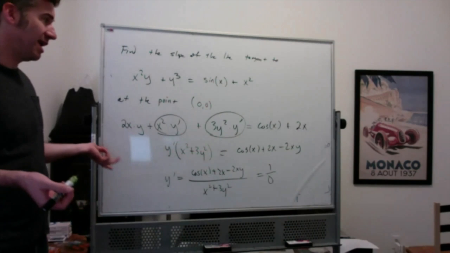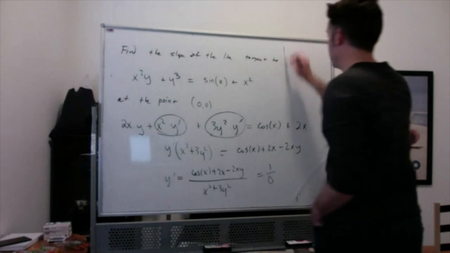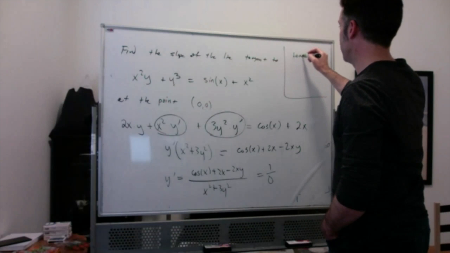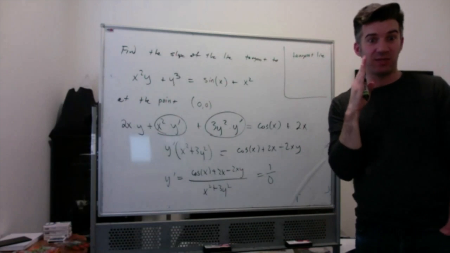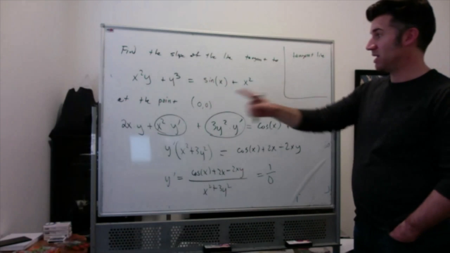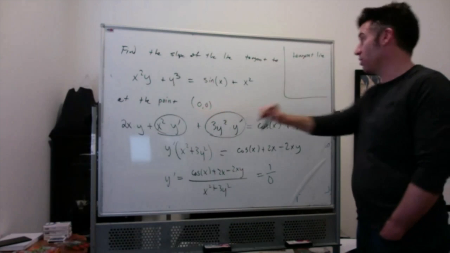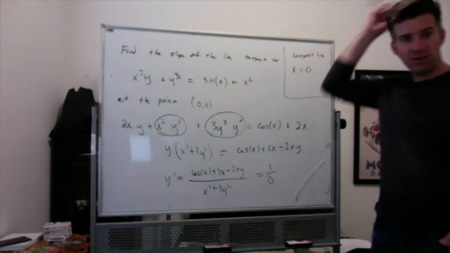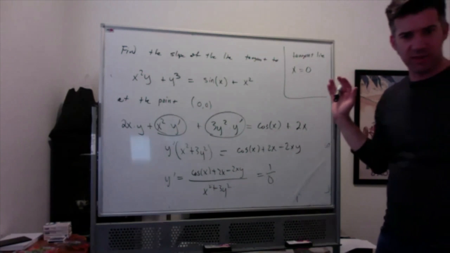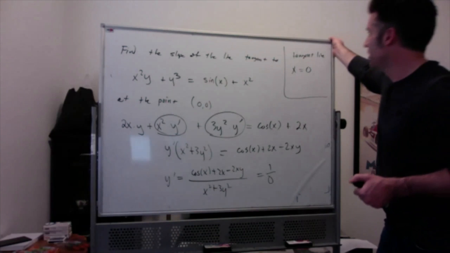So if I have an undefined slope, I have a vertical tangent line, which means, well, if it's a vertical line, it's x equal to something. It's got to go through that point, so it has to be x equal to 0. So sometimes weird things happen. This isn't exactly the weird thing I meant to happen, but it is what happened here.